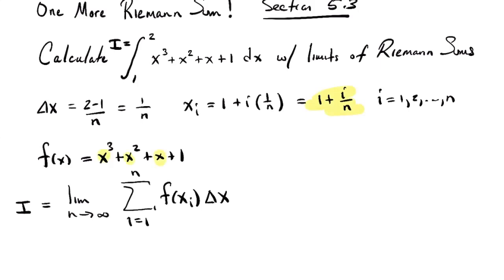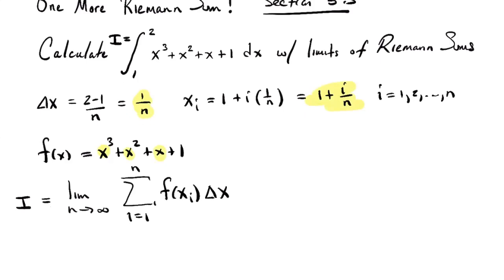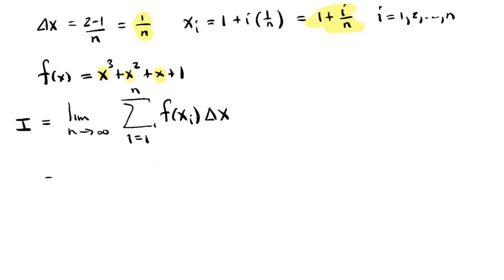We have our x sub i right there. That's what's going in for these placeholders in f. Quite a bit of algebra to do. We've got our delta x. It's 1 over n. Let's get to it. So we've got the limit as n goes to infinity, i goes from 1 to n. You can speed up this video so you can watch it faster than I can write these things.